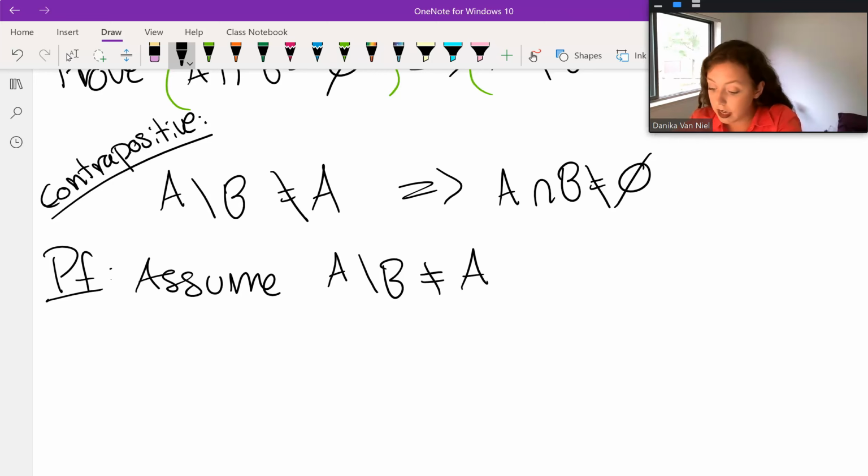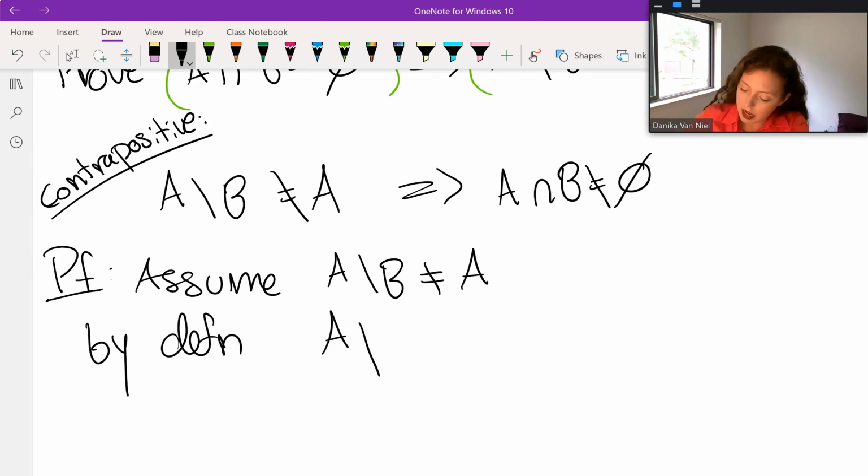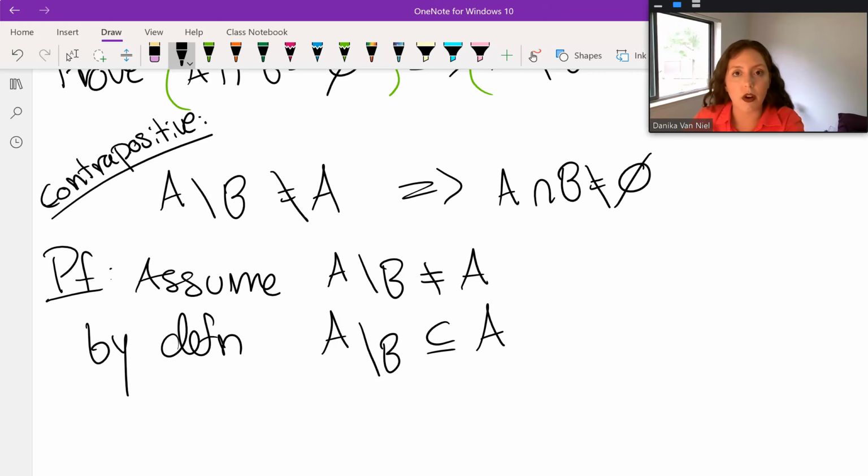If you take a second look at them, we have A minus B and A. So by definition, A minus B is always a subset of A. Okay? Whether you're minusing A, you're minusing the empty set, you're minusing something that even has elements outside of A. Remember, we only pay attention to the ones that are in A. Because A minus B are all the elements in A such that those elements are not in B. Okay?